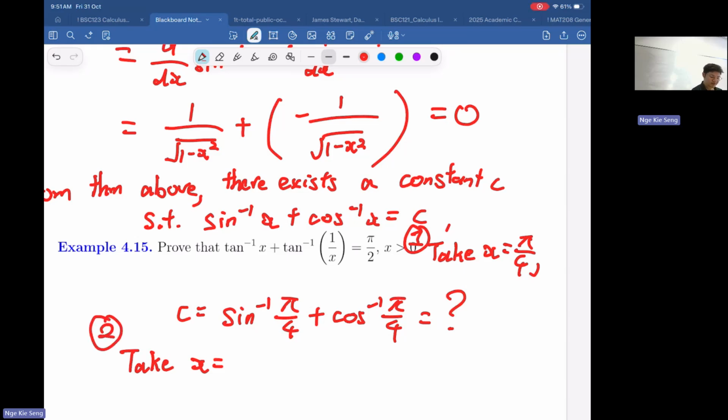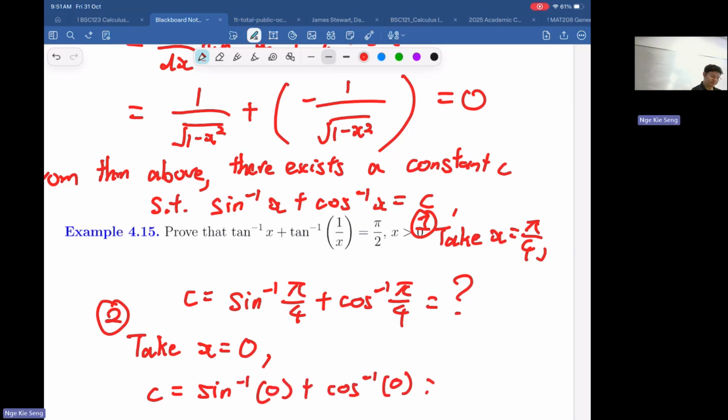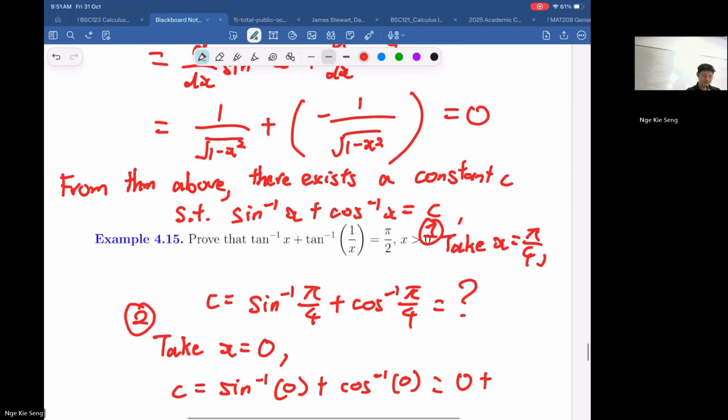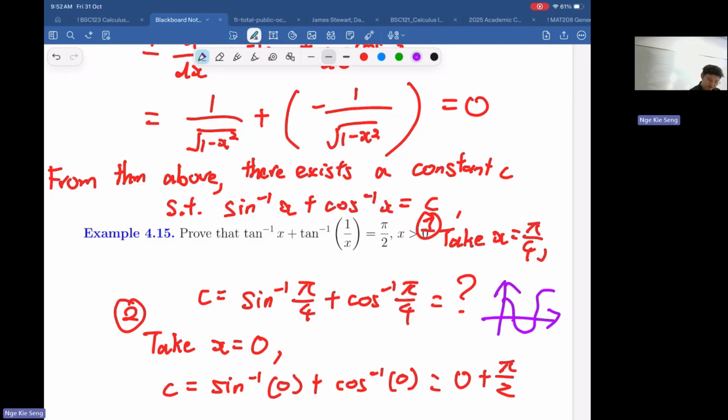Let's do a second choice. x equals 0. And c is sine inverse of 0 plus cos inverse of 0. Okay, so sine inverse of 0 should be 0. And then cos inverse of 0 is pi over 2, because this is the place where it goes to 0.